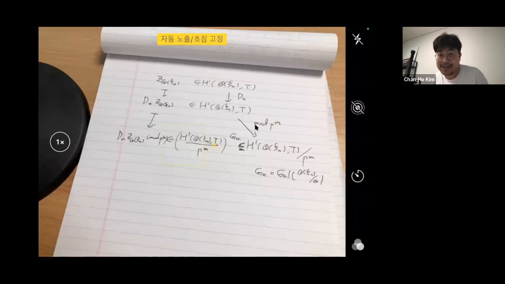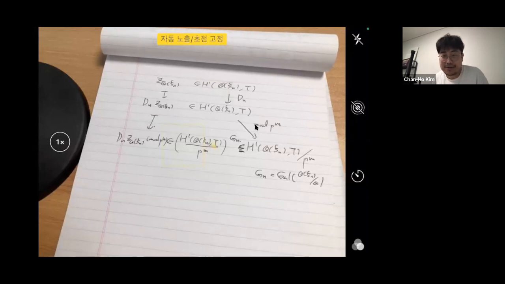So Kato's Kolyvagin systems themselves do not have any functional equation as far as I know. But at the end of the lecture, I will say this: the so-called Kurihara number delta_n satisfies a certain functional equation, which can be regarded as the modular symbol version of Kato's Kolyvagin system.